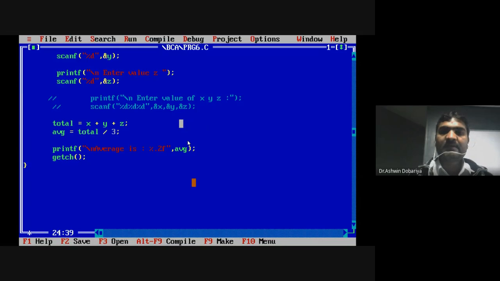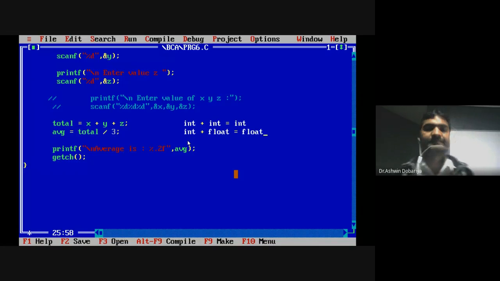So remember one thing, whenever you perform any operation on integer plus integer, meaning both values are integer, then the output is generally integer. And if one value is integer and the other is float, then the output will be a float. Again, the reverse: if the first value is float and the second is integer, the output is also float.